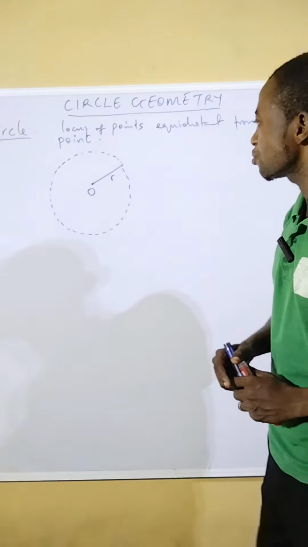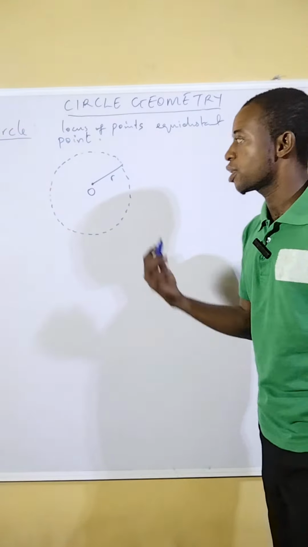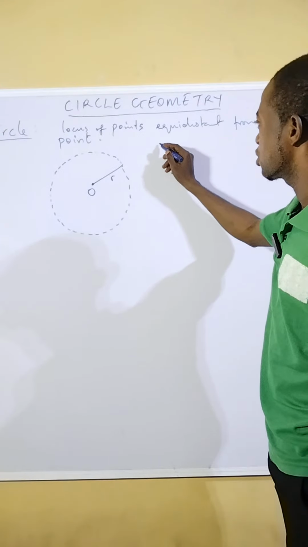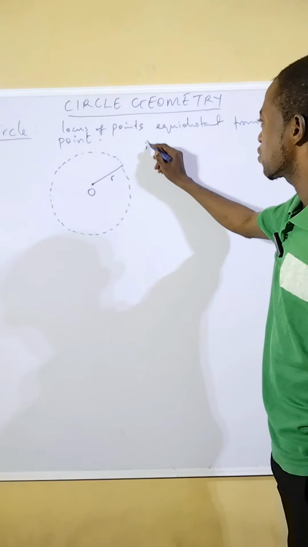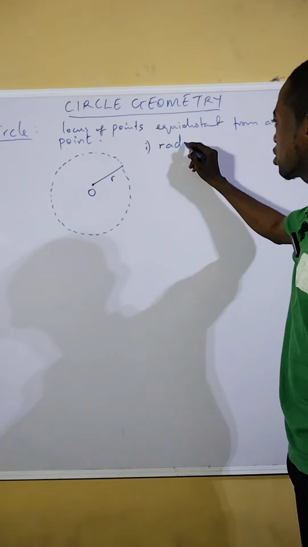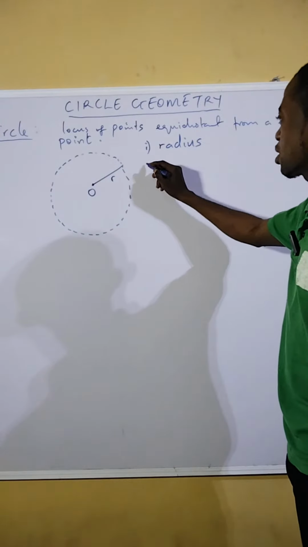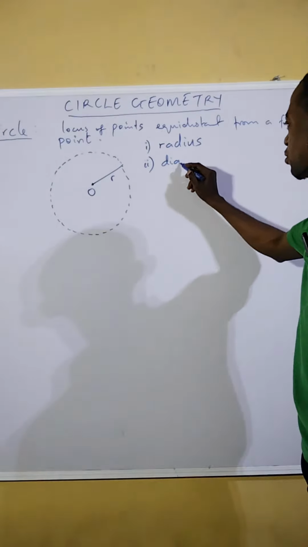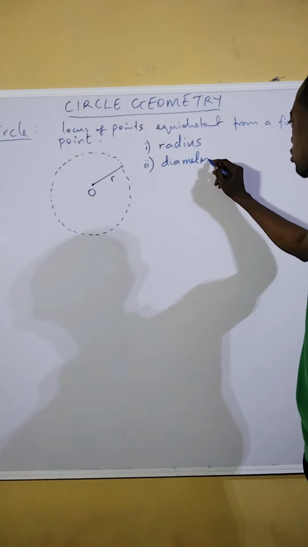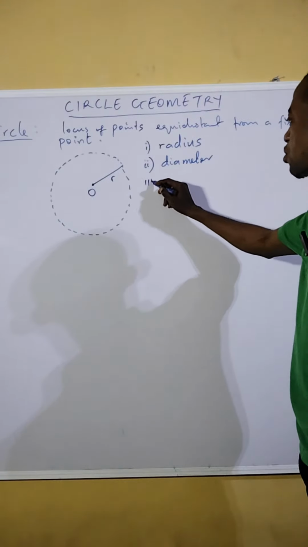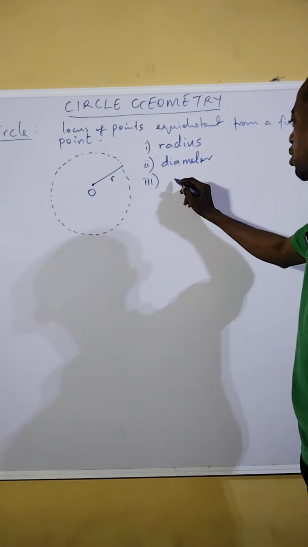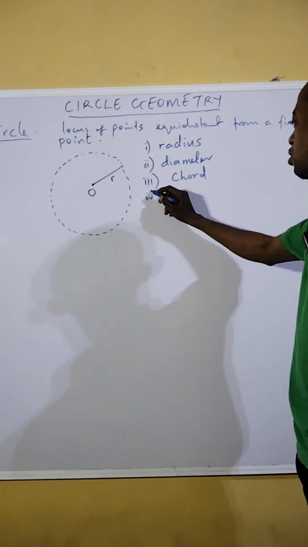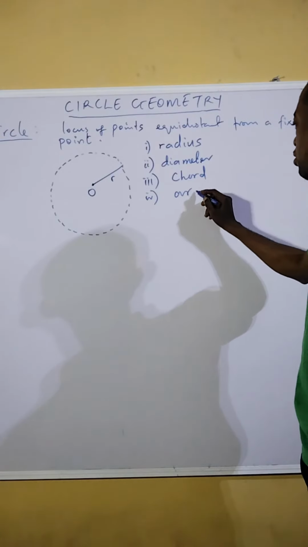And also, we can consider some parts of a circle. First, we have the radius. Second, we have the diameter. The third one, we have a chord. The fourth one, we have an arc.